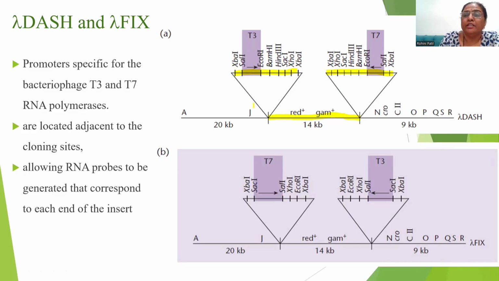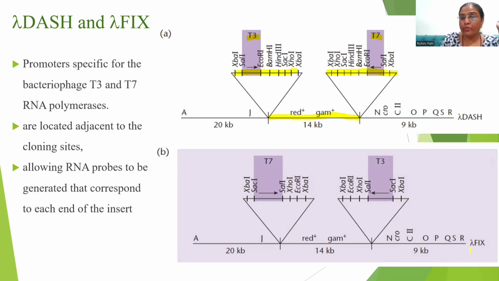When you look at this lambda dash vector, this T3 and this T7 are the promoters specific for the bacteriophage T3 and T7 RNA polymerases. These promoters are placed on either side of the linker, that is, the multiple cloning sites.